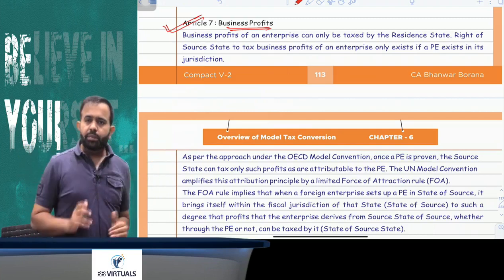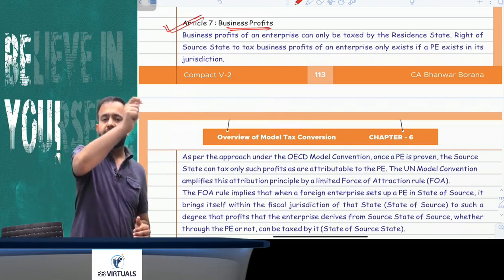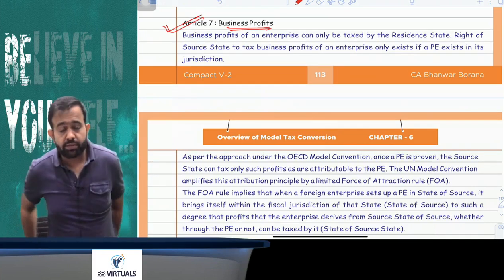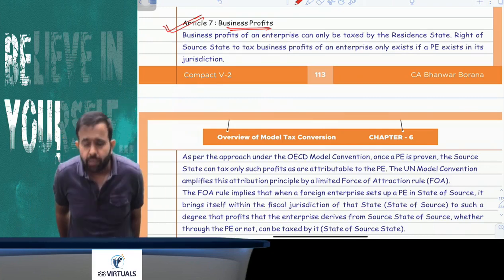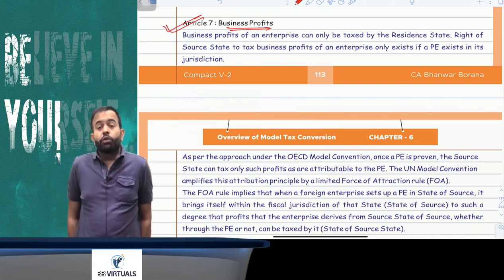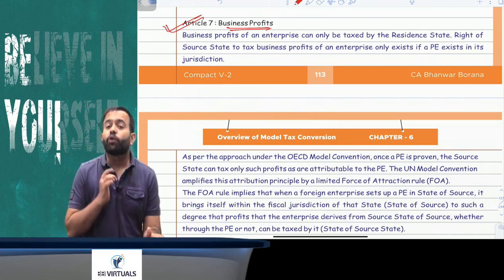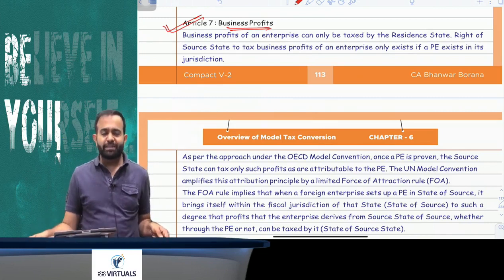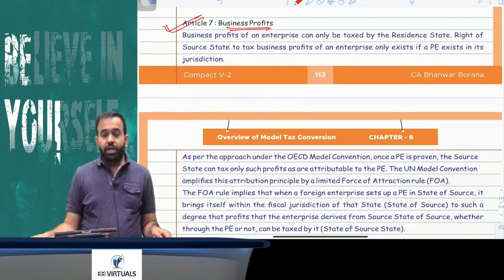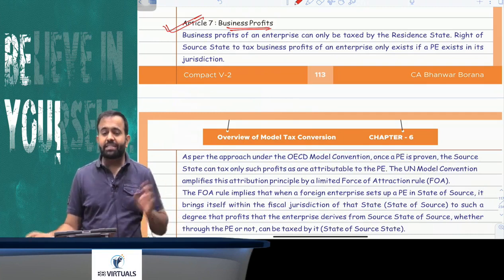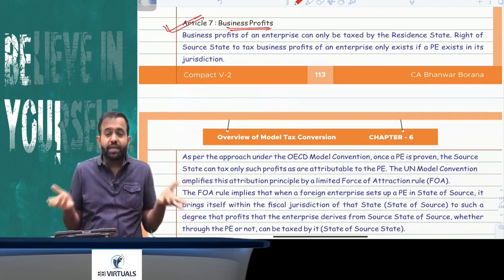For example, suppose Facebook is a resident of the USA. So the USA is going to tax the income of Facebook, and the whole world income will be taxable. Facebook's income will be taxable in India only if Facebook has a permanent establishment in India. If Facebook does not have a permanent establishment in India, then obviously India is not going to tax that income.